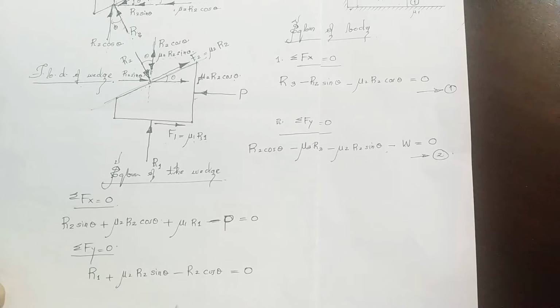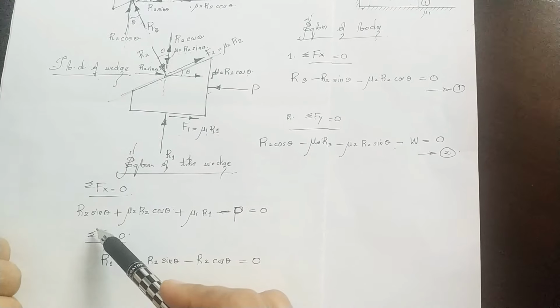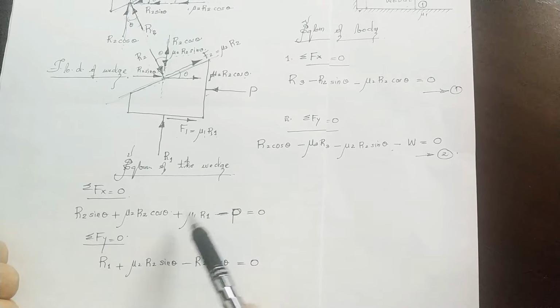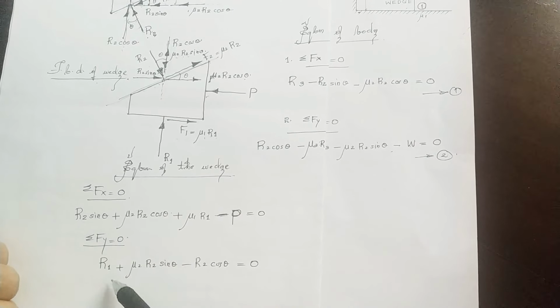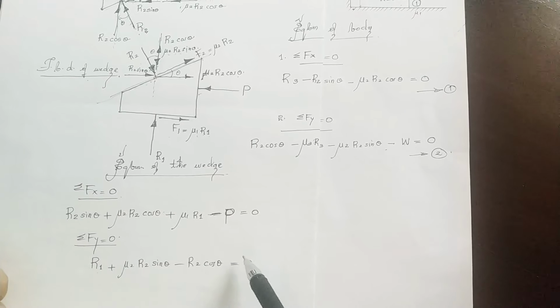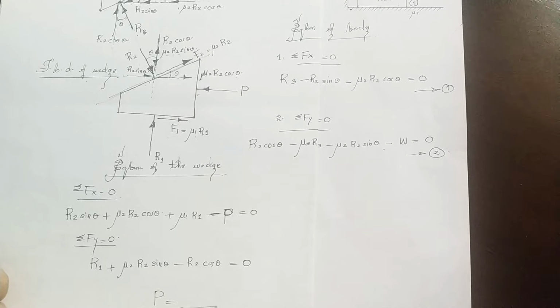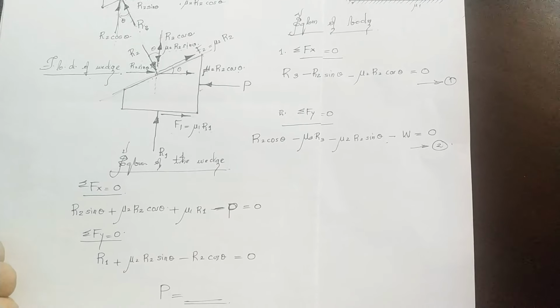So we have two equations here. The R2 we have already found from here. You can substitute that R2 here. Mu1, mu2 and all are found out. We have two equations. Only R1 and P are the unknowns. Two equations, two unknowns. You can solve for P. So from these two equations you can find out P if P is the unknown.